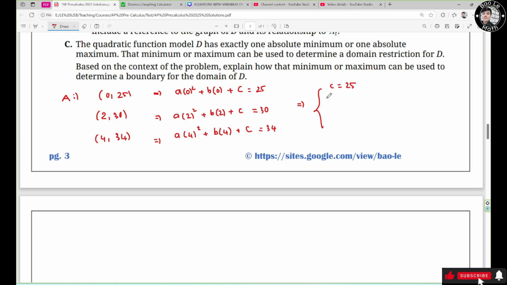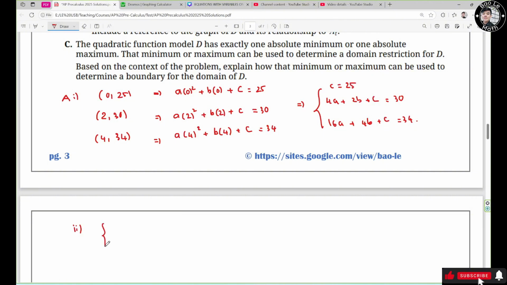Second one, you have 4a plus 2b plus c equals 30, right? The third one, 16a plus 4b plus c equals 34, right? Now for question A, part I, we need to solve for a, b, and c. So we substitute 25 for c into the 2 equations right here.